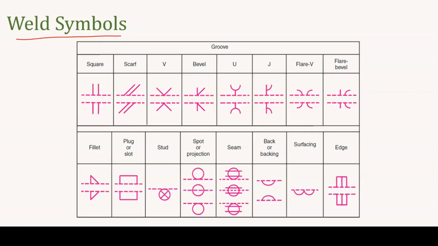As I said before, we have only two types of welding. One is groove welding and the other one is fillet welding, right? And we are going to do these two types of welding in different positions, whether it may be flat, horizontal, vertical, or overhead, right? And also we are going to do it in different joints. Okay, so all these things will be put together in an engineering drawing sheet.